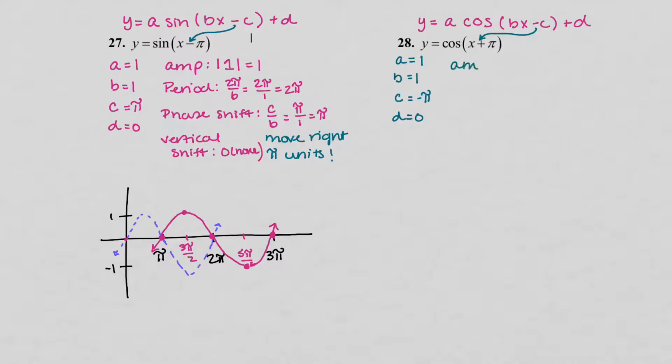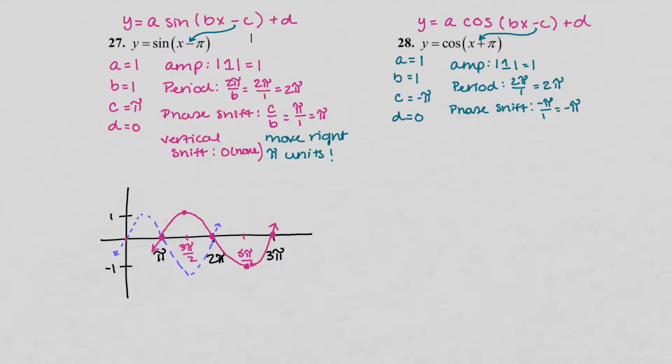Again, here my amplitude is 1. It's the absolute value of 1, which is just 1. And my period is 2 pi over 1, which is 2 pi. And our phase shift, that is, again, C over B. So that's -pi over 1, which is -pi.